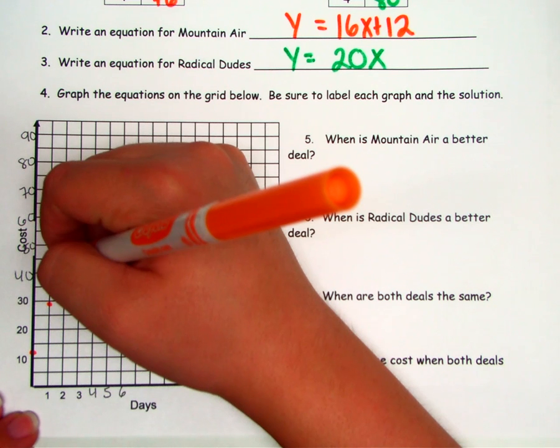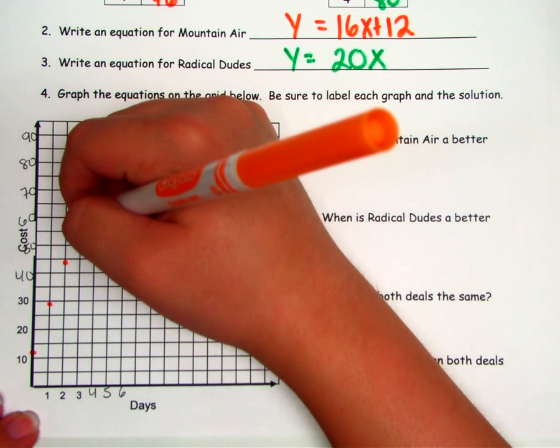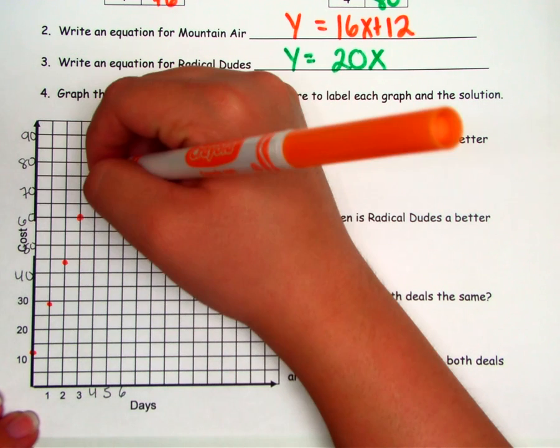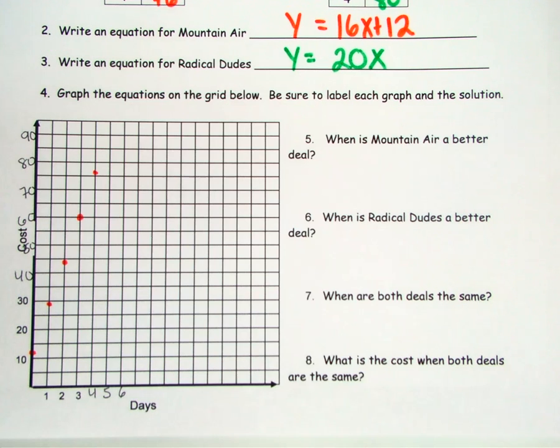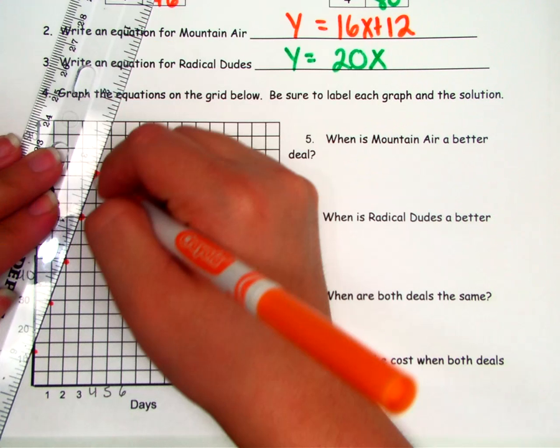That's right underneath 45. 3, that's 60. And 4 is 76. And then connect your dots. So I'm going to get a ruler to do that part. And there we go. And that's going to keep going.